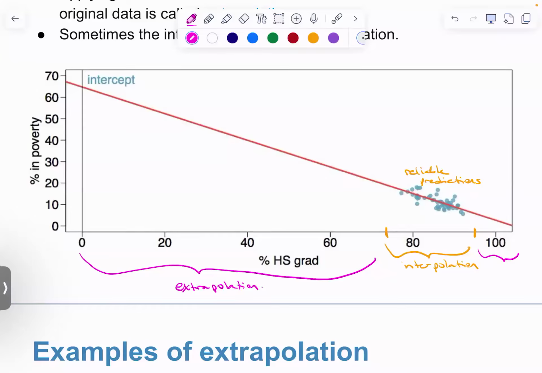But for extrapolation, we have unreliable predictions. The tricky part is it is our best guess, but we do consider it unreliable.